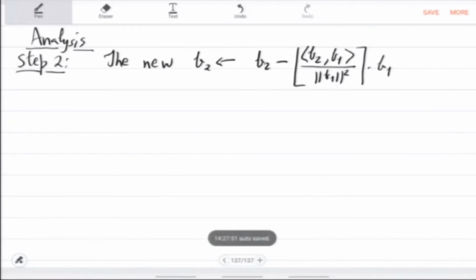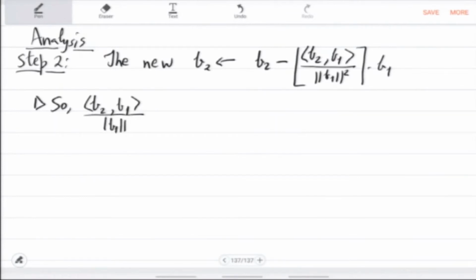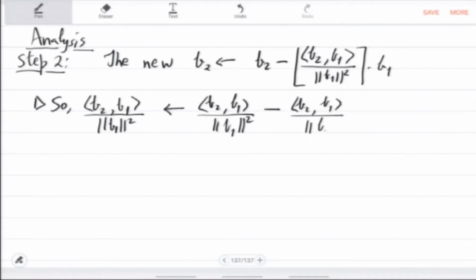So note that if you look at the new projection constant of B2 on B1, this has become B2, B1 divided by norm of B1 squared, minus the rounded value times B1, B1 divided by norm of B1 squared.